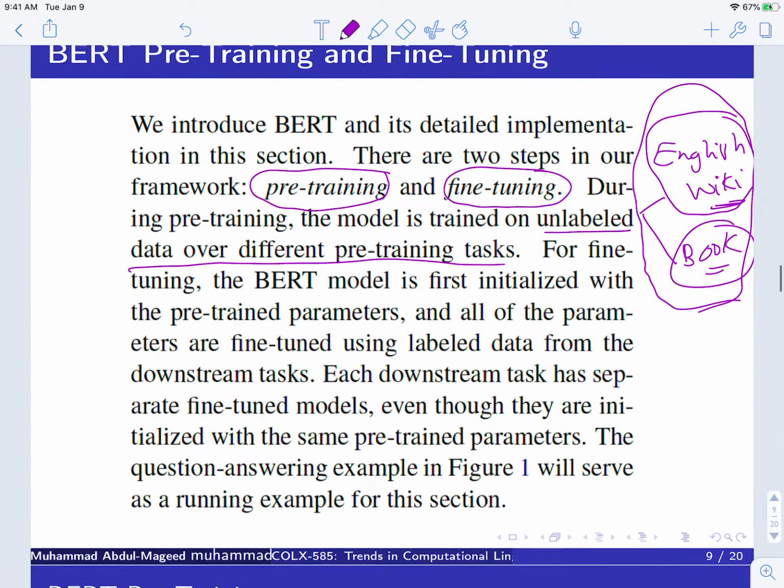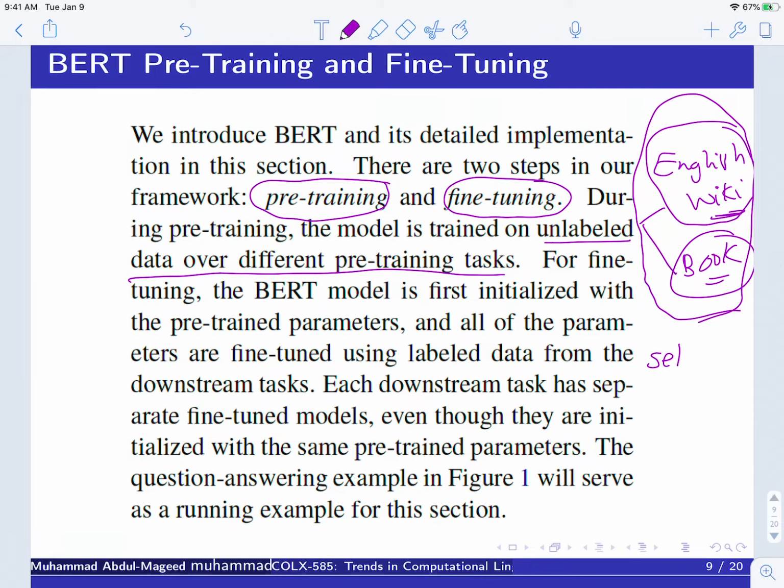This is in fact what we call self-supervised learning. By self-supervised learning, we mean that we have a way to take an unlabeled data set and then learn from it without need for any labels. And this is easy to do in our case here because we just remove some words from the data and we put masks.